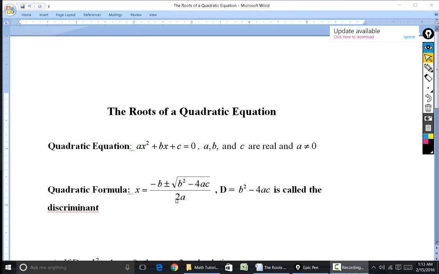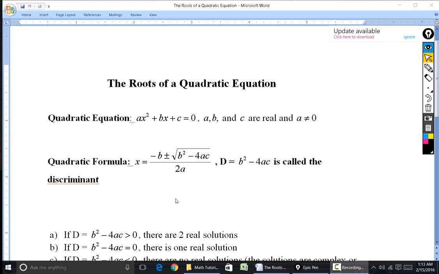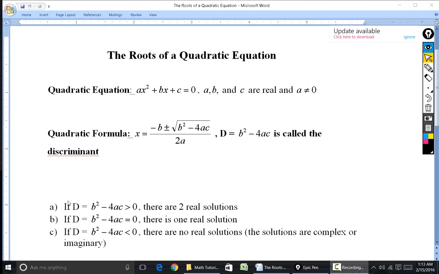Now, more specifically, we're going to look at this. Like I said, if the b squared minus 4ac is positive, there are two real solutions. Minus b plus the radical value divided by 2a, and minus b minus the radical value divided by the 2a.